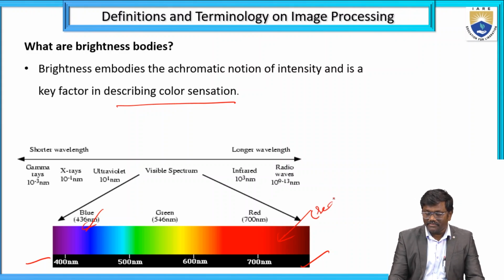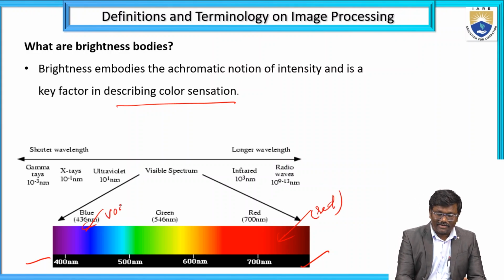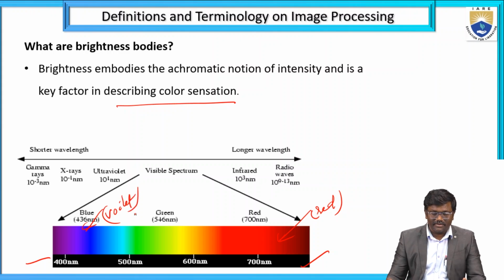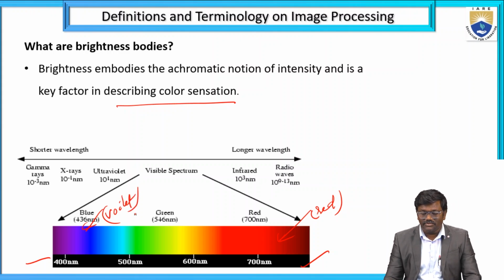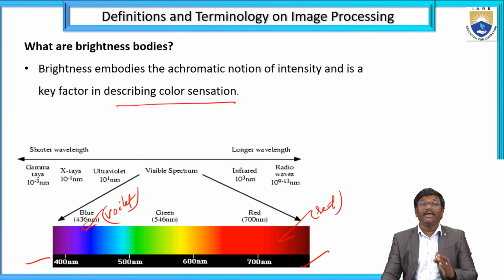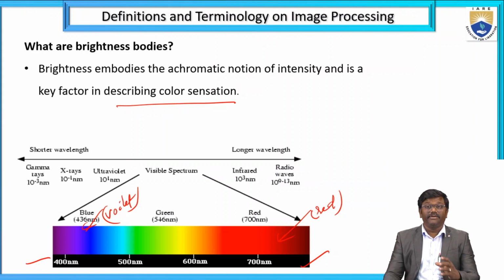That is red at 700, and violet at 400. Such colors we are defining in a simple manner to define the meaning of brightness in a color model: brightness embodies the achromatic notion of intensity and is a key factor in describing color sensation.